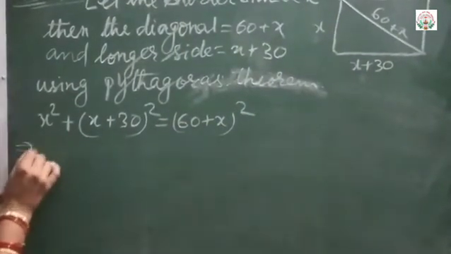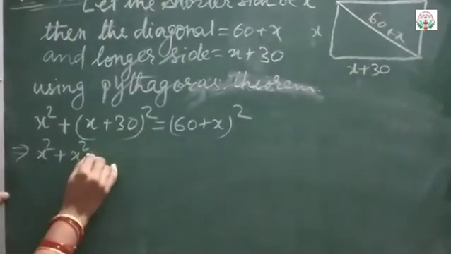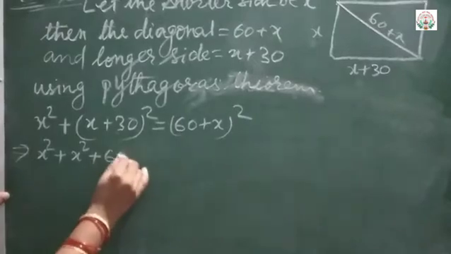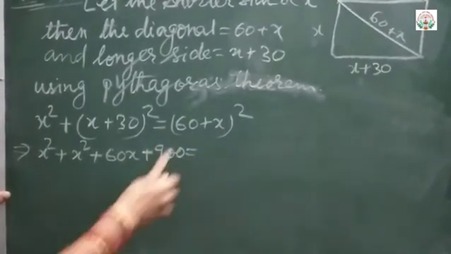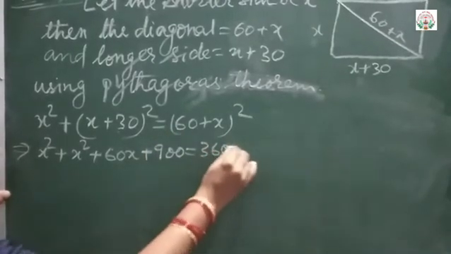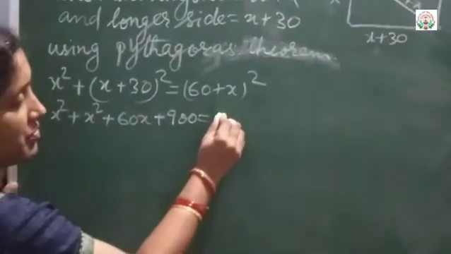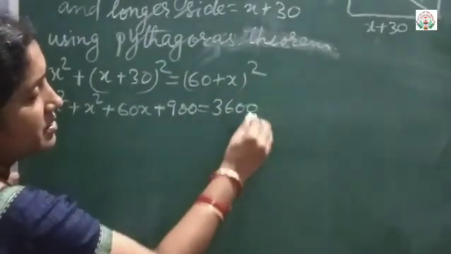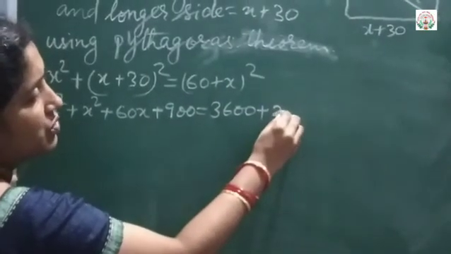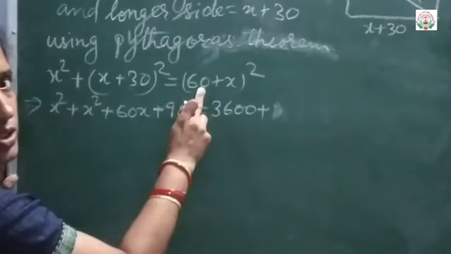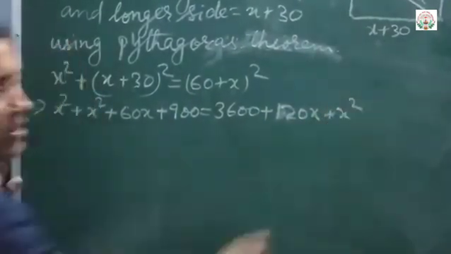Okay. So now it implies, open it, that is x square plus x square plus 60x plus 900 equals 3600 plus 120x plus x square, because 2 into 60 into x is 120x.